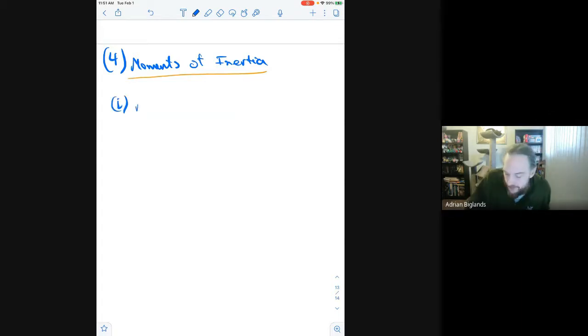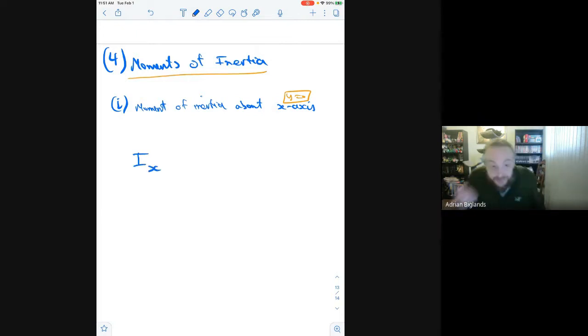So 1. The moment of inertia about the x-axis. Or remember, this is y equals 0. This is going to be Ix, unfortunately, which will be a double integral over the region D of y squared times rho(x,y).